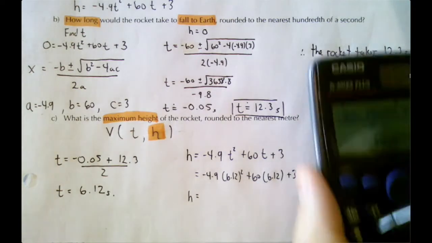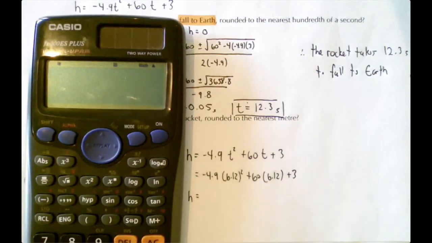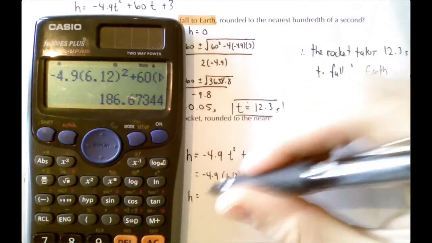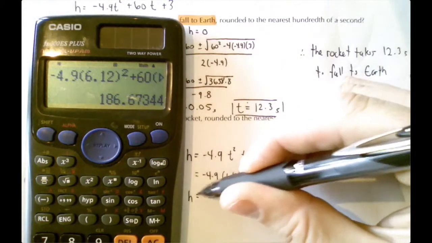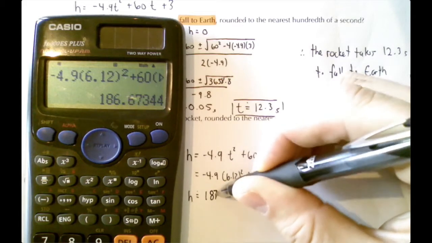So now I'm just going to type this in my calculator. We've got negative 4.9 bracket 6.12 squared plus 60 bracket 6.12 plus 3. And we get 186.67, we'll just call it 187. It says round to the nearest meter, so 187 meters.